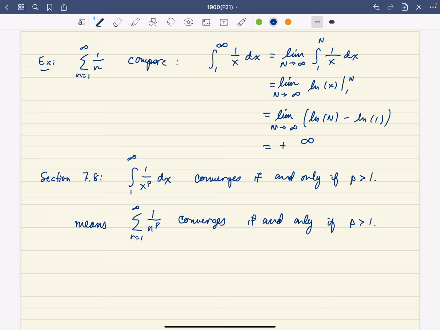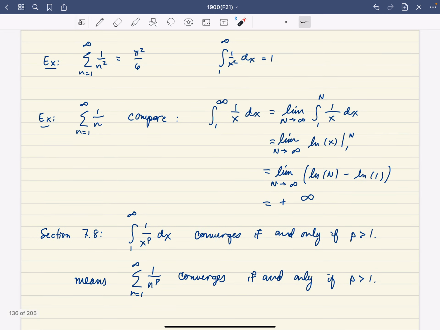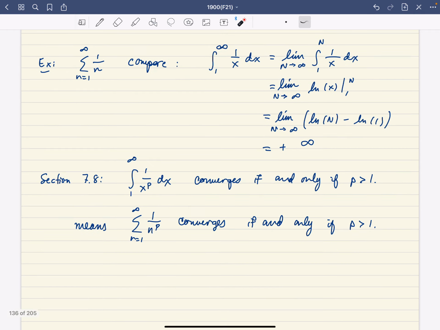If p is equal to 1/2, it diverges, because that's less than or equal to 1. But if p is equal to 2, so we have 1 over n squared, or 1 over n cubed, or 1 over n to the 1.01, that series is going to converge. So this is one of the big results that we get from the integral test.